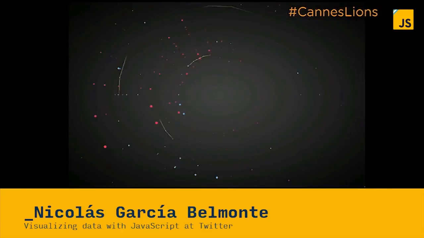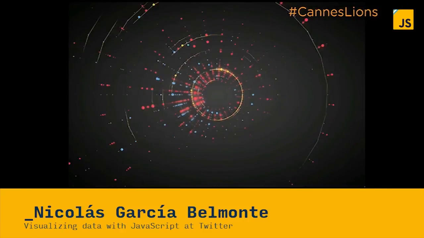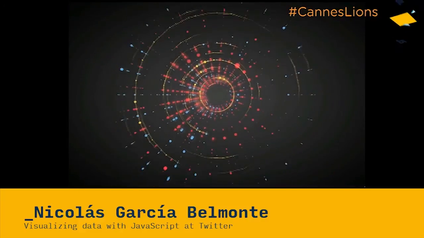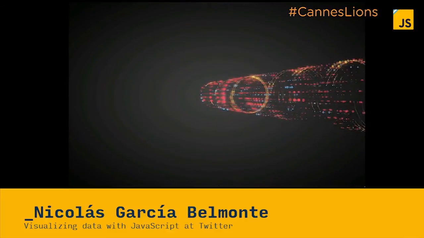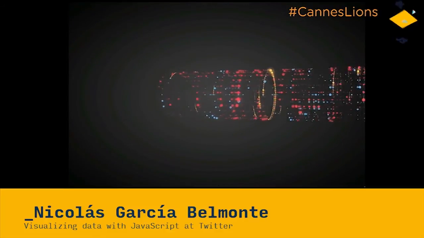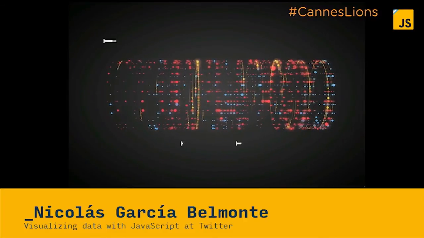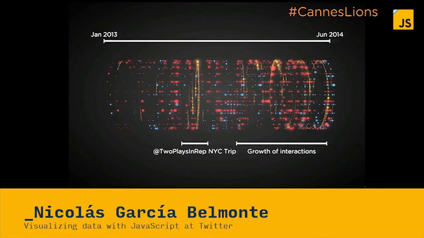For example, we did this visualization for Cannes Lions. This was part of a deck, and the visualization was exploring mentions of Ian McKellen and Sir Patrick Stewart, and mentions of both users through time. The main idea was to show how the relationship between these two actors came to be.